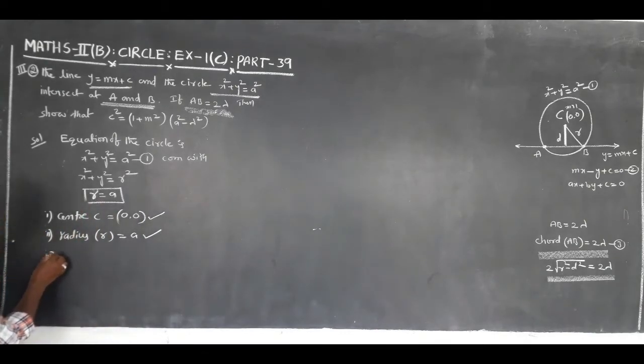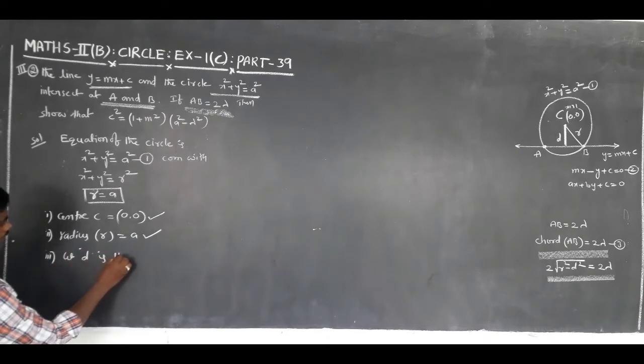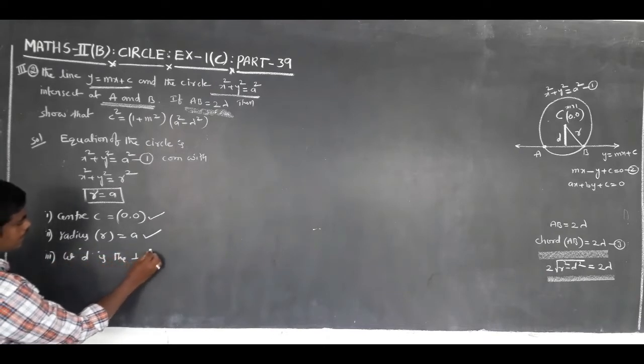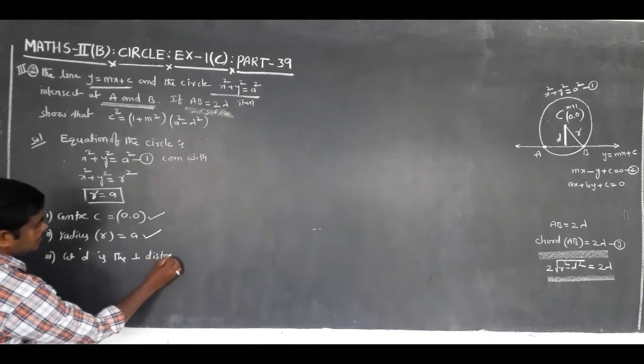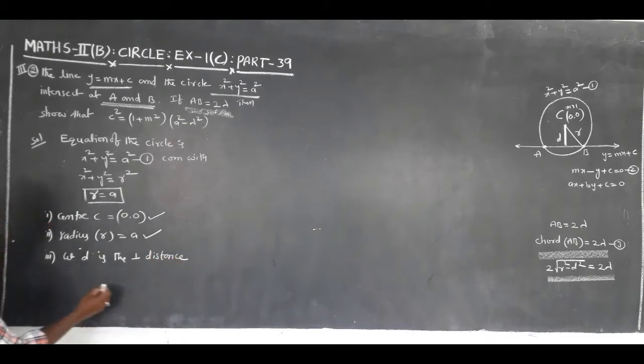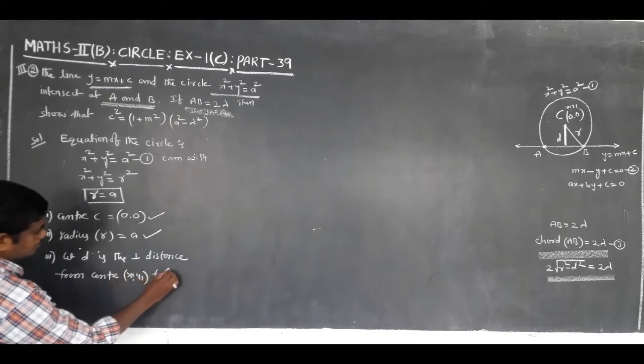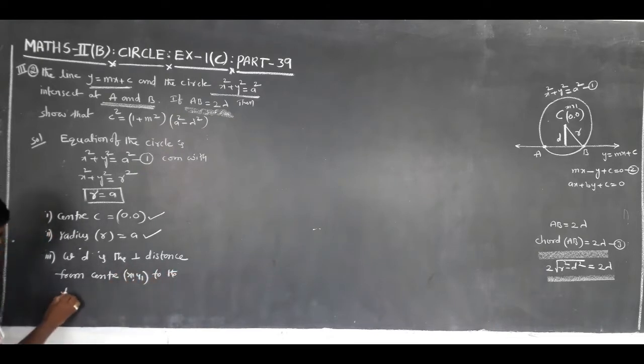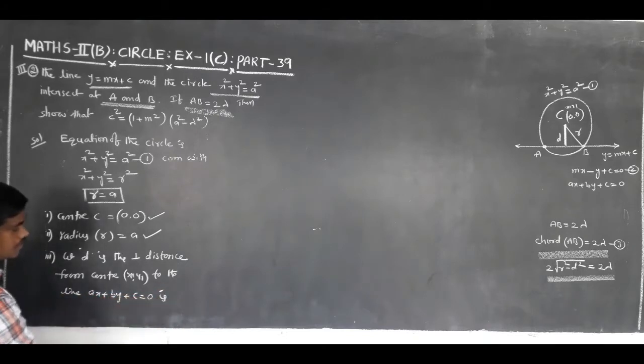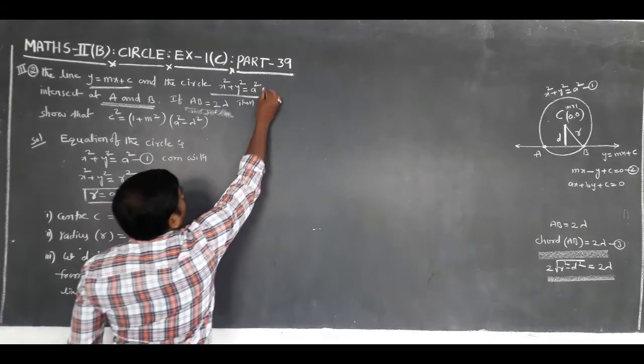Third, let d be the perpendicular distance from the center x1 comma y1 to the line ax plus by plus c is equal to 0.